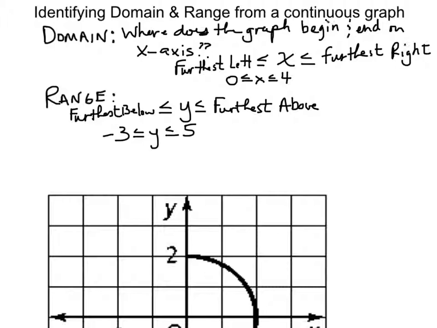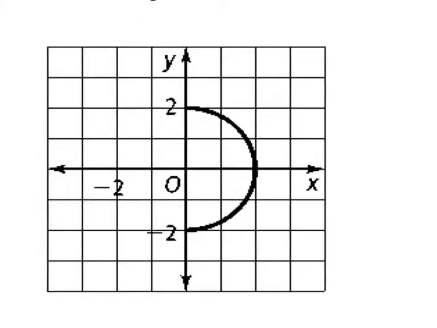Let's take a look at this first example. As you look at the x-axis only to start for the domain, remember, x-axis: what is the furthest left on the x-axis that it goes?